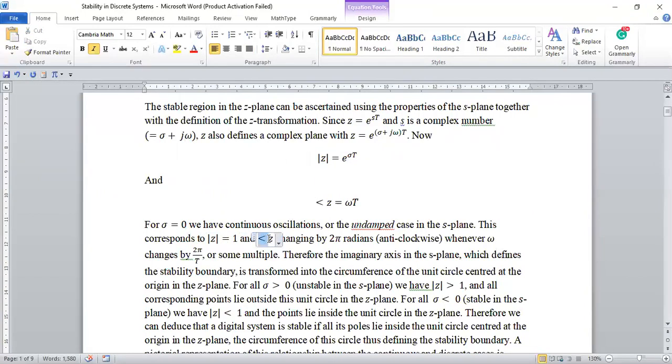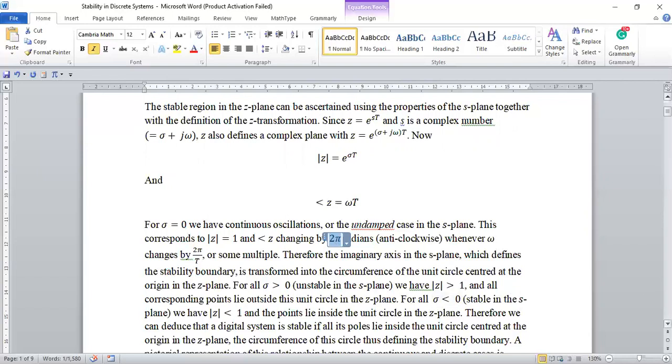Then the angle is given by omega t, where omega is the angular frequency. So if omega is 2 pi divided by t, then the angle in the Z-plane is translated into 2 pi radians, where 2 pi radians is the circumference of a circle and is 360 degrees.